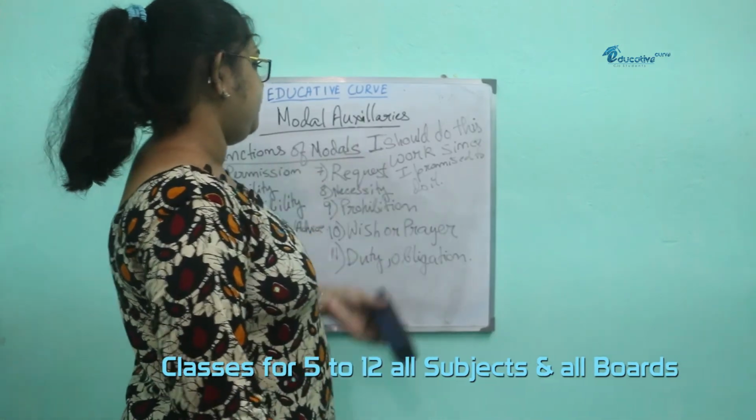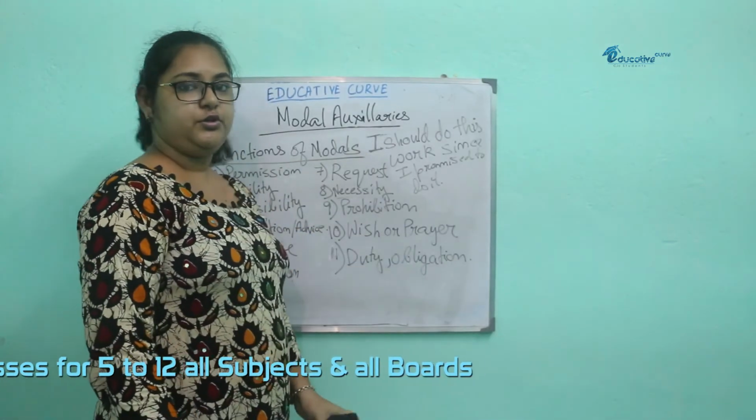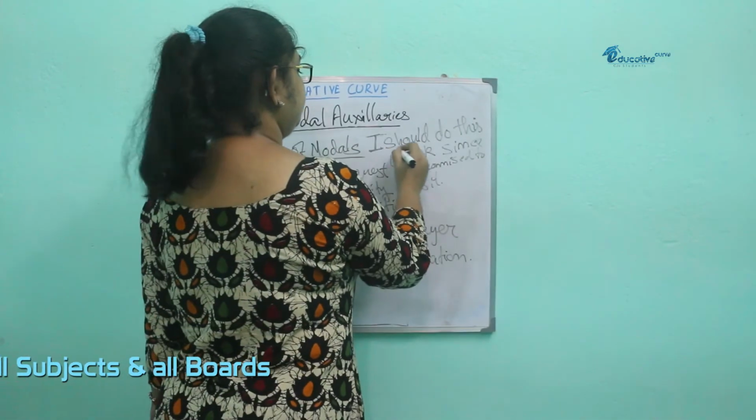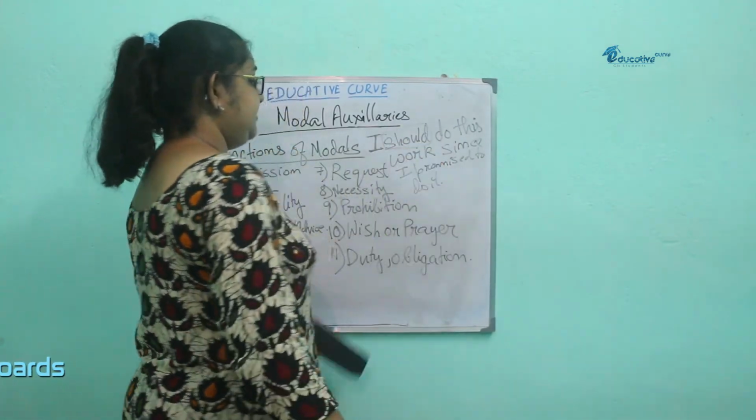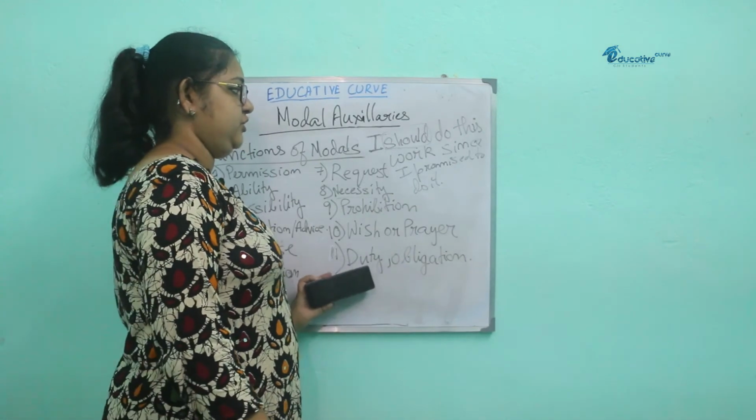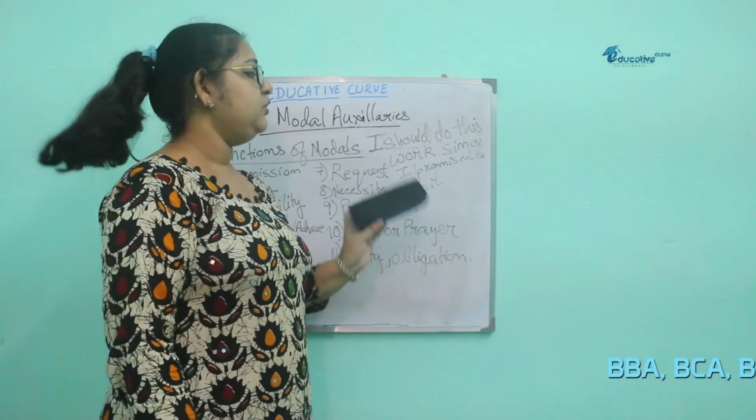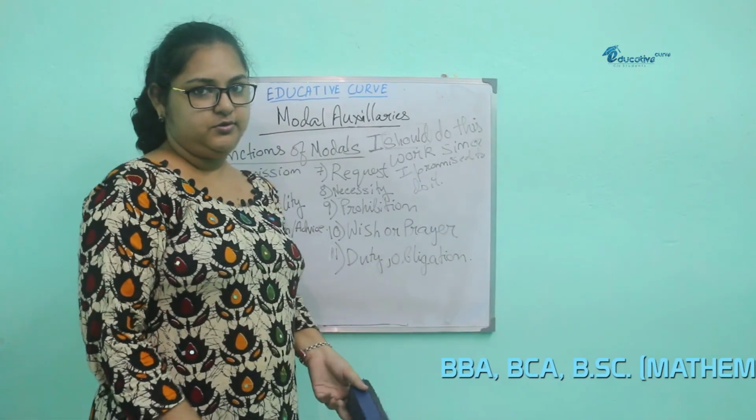I should do this work since I promised to do it. So, using this word should, I am stating my obligation or my duty, my sense of responsibility to do the work because I promised to do it.